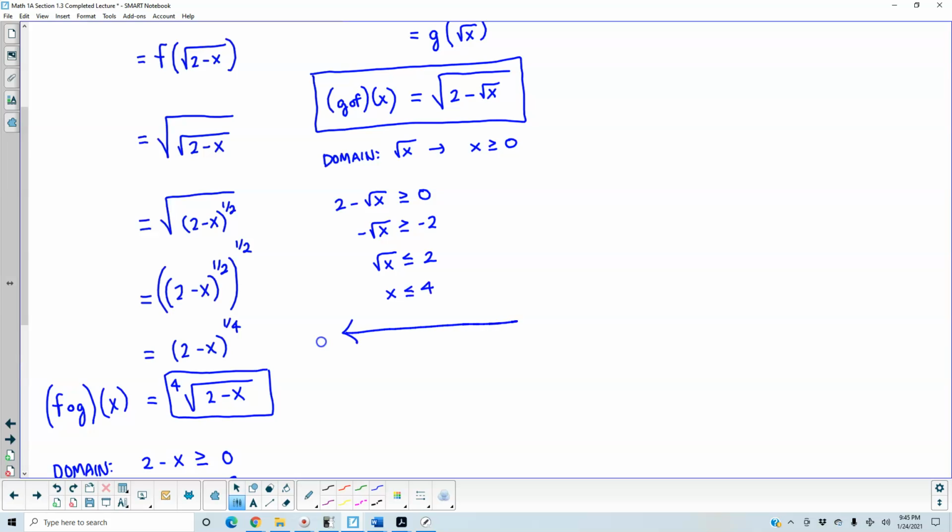So when we graph this on the number line, we have 4, and x has to be less than or equal to 4, and x has to be greater than or equal to 0. So the domain goes from 0 to 4, or we can say that x is in between 0 and 4.